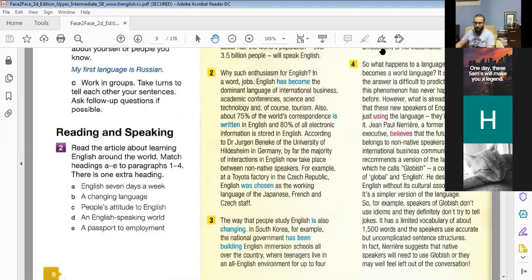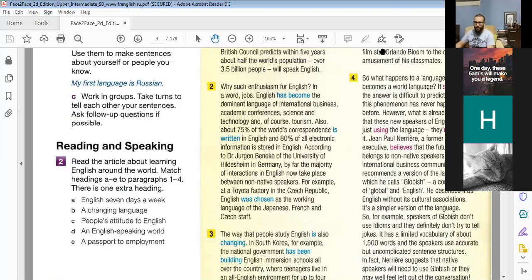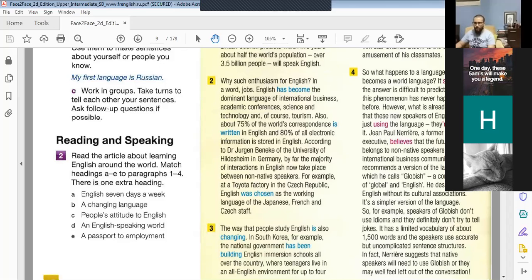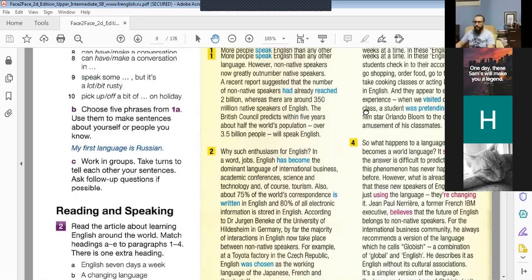Let's check paragraph 3 here. Did you get to the bottom? Yeah. Okay.